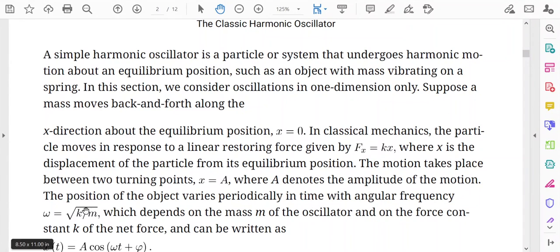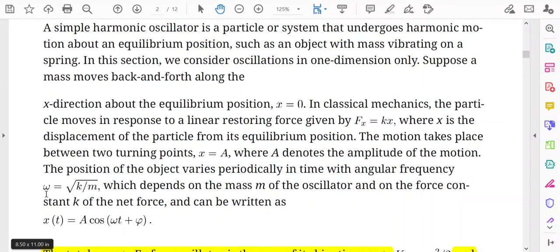So, what is the value of the angular frequency? We know that omega is equal to root over k by m, where k is the force constant and m is the mass of the object. So, omega, the angular frequency, depends on the mass m of the oscillator and on the force constant k of the net force.